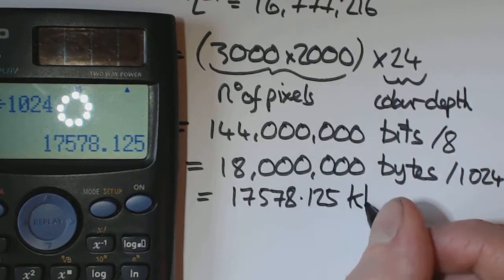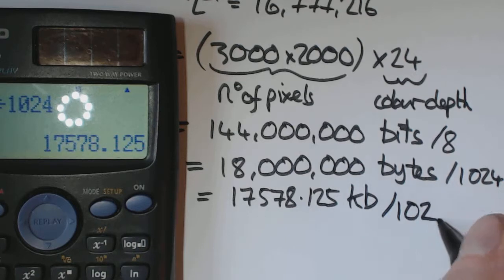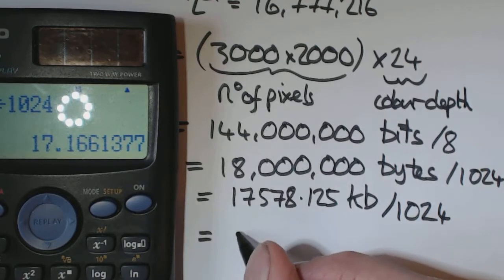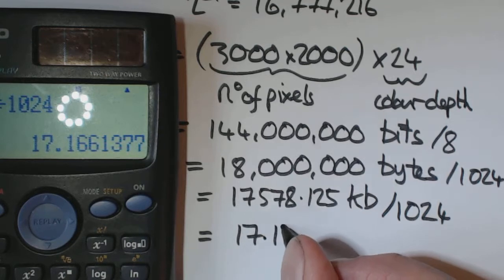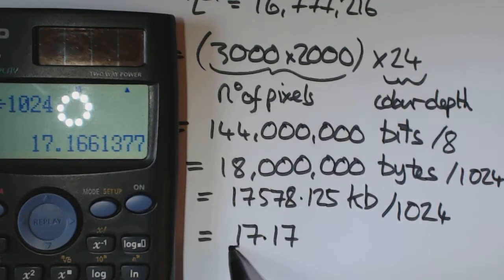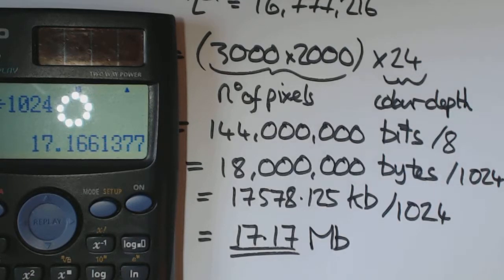We can still change the units again, so we divide that by 1024 to get it into megabytes, which is 17.17. We'll just round up. So each picture is 17.17 megabytes.